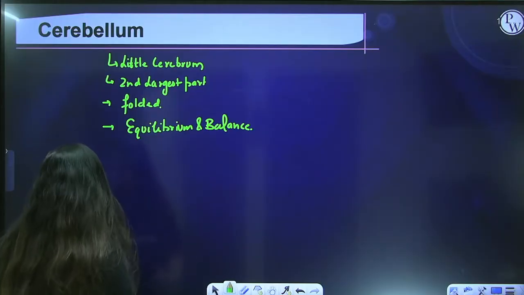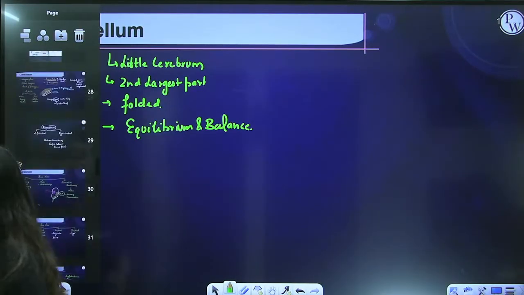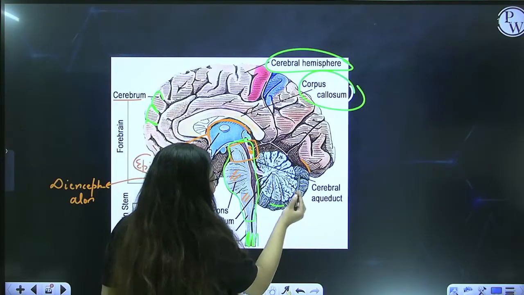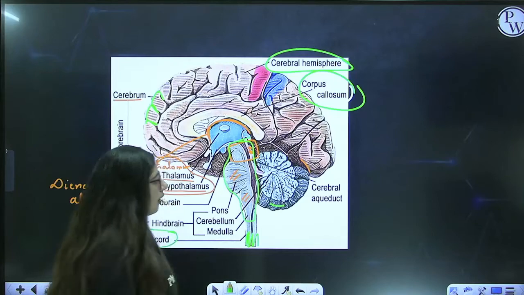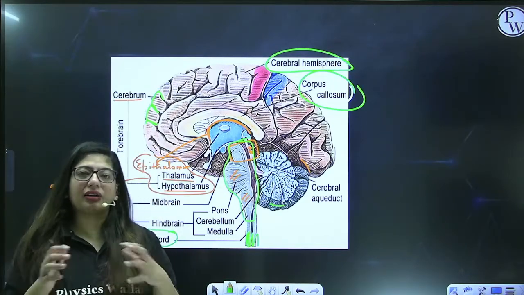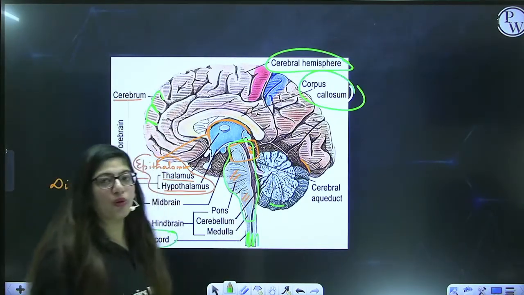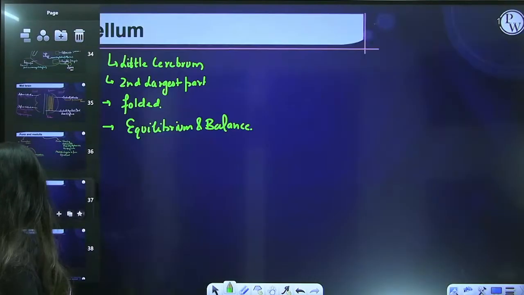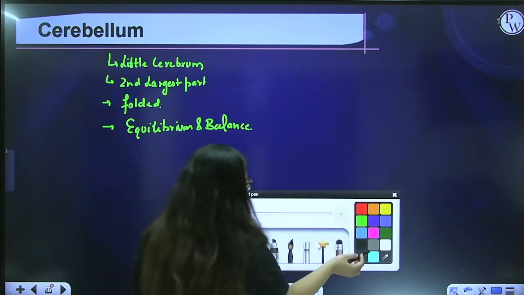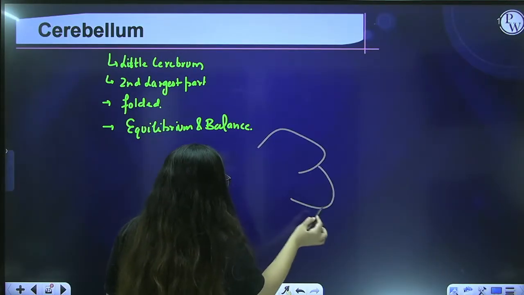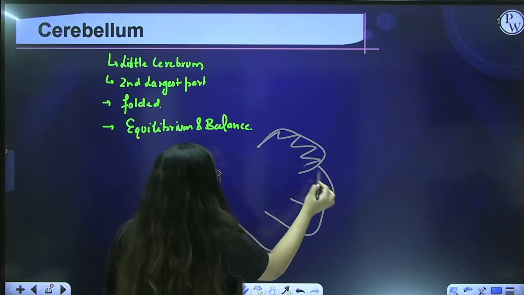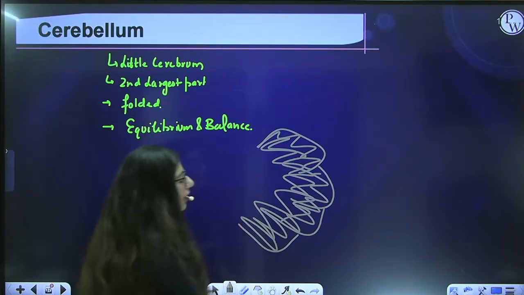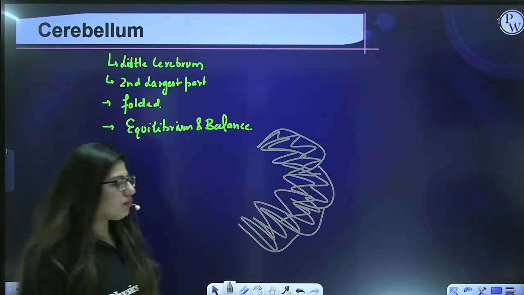So if you see the cerebellum structure, let me show you the diagram here, guys. This one, you can see this structure. Here outside is present the gray matter, inside is present the white matter. So this arrangement of gray matter and white matter is known as arbor vitae. Let me draw the diagram clearly by hand. So here, this is a gray matter. The white matter is not present like it was present in cerebrum. In cerebrum, what was the scene?